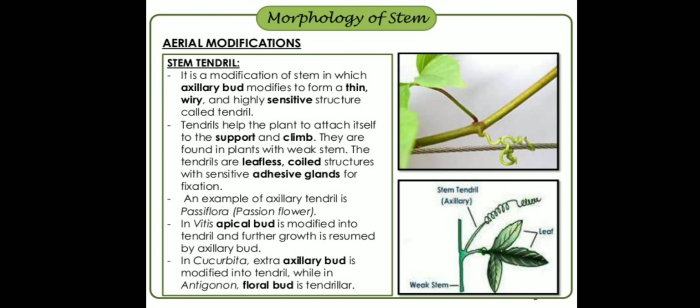They are found in plants with weak stems. The tendrils are leafless, coiled structures with sensitive adhesive glands for fixation. An example of an axillary tendril is Passiflora, that is passion flower. This much you can learn about the stem tendril.